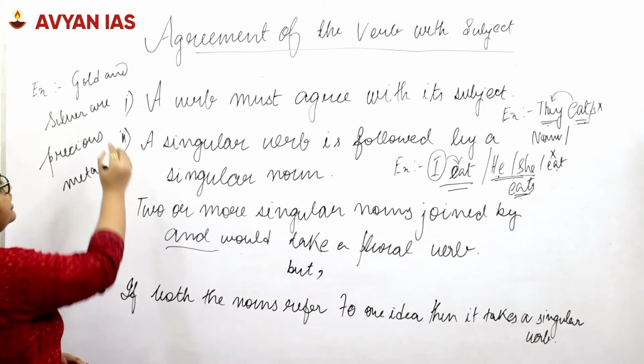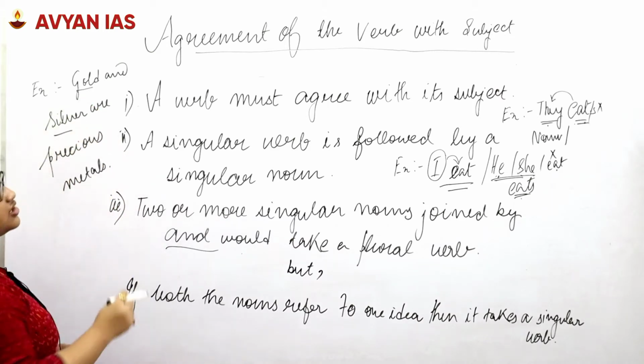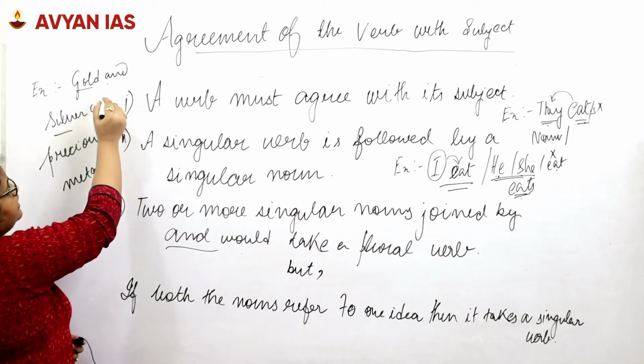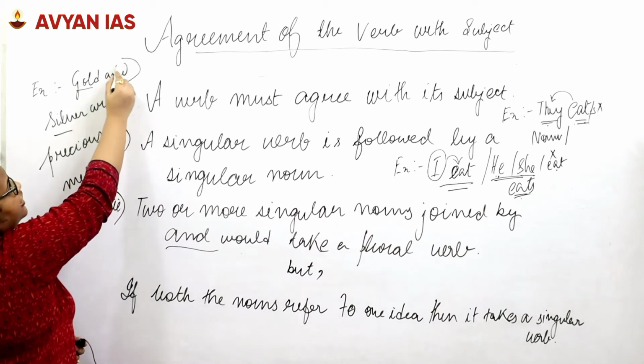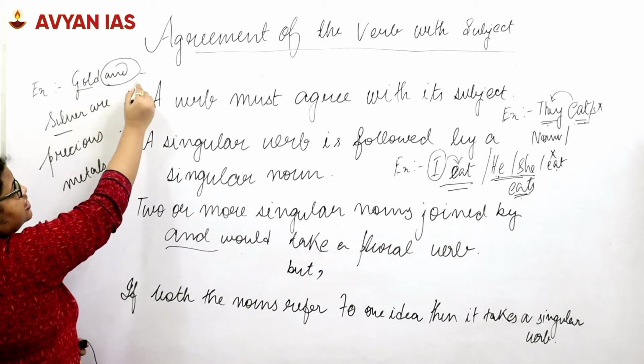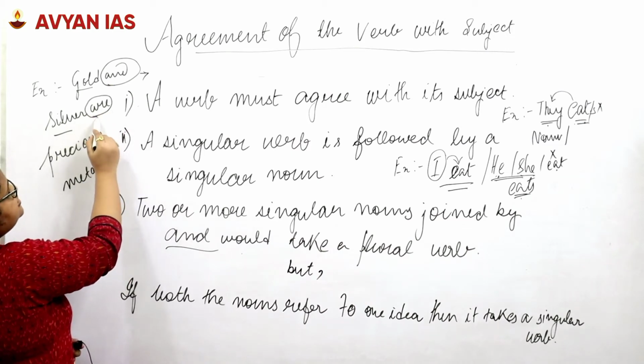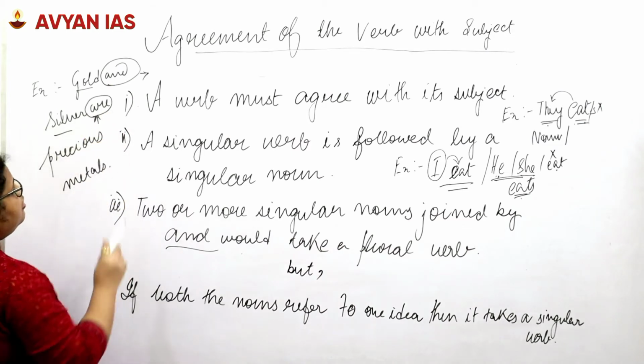So gold and silver, as such, are singular in number. However, though they are singular, they are joined by an and in between, which is the conjunction. Hence they will take the verb as plural, that is, are.